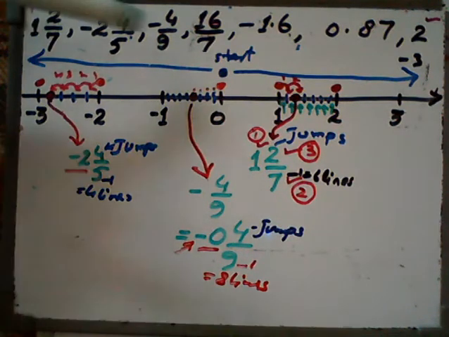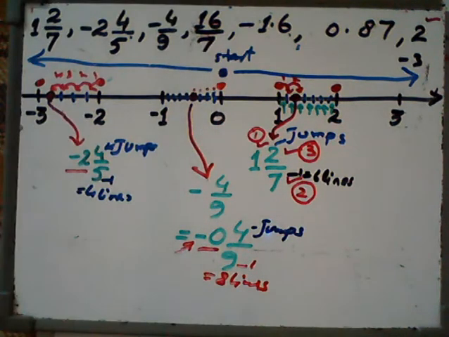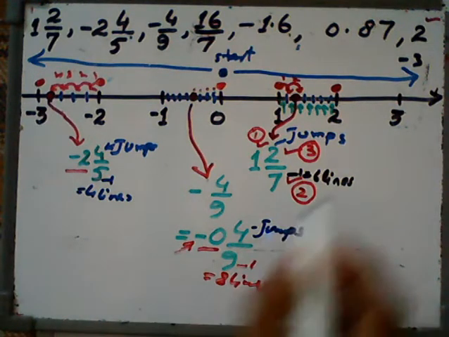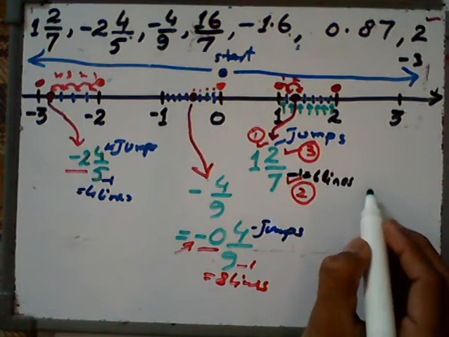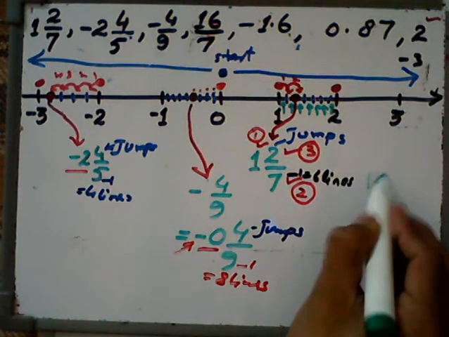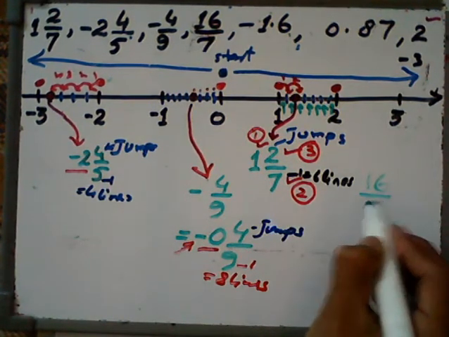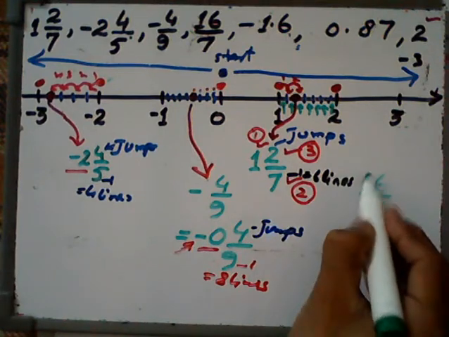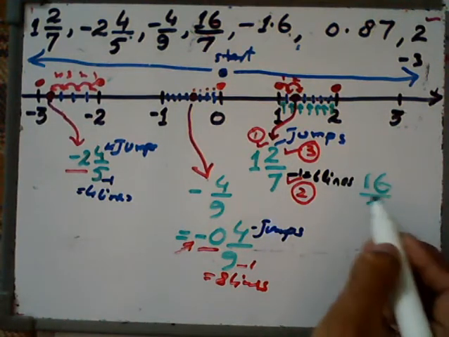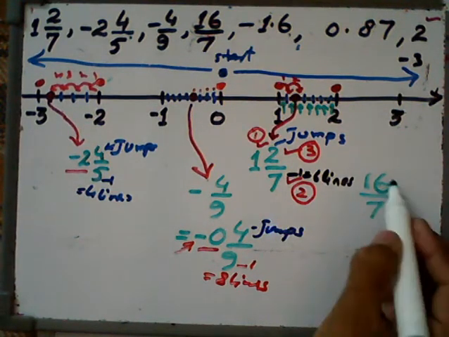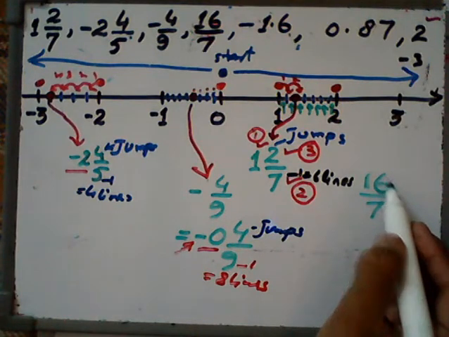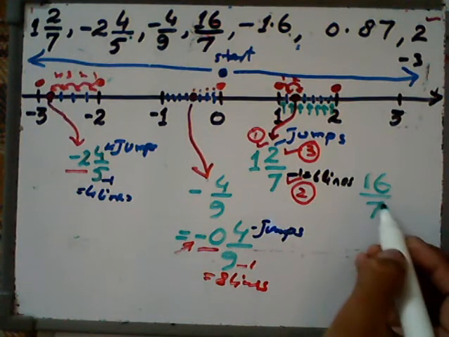Similarly, 16 by 7. 16 by 7 is an improper fraction, so how do we deal with it? Whenever the denominator is smaller than the numerator, we can't reach it until we divide it.